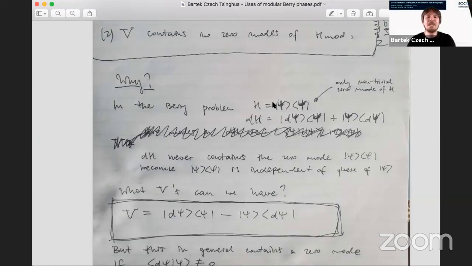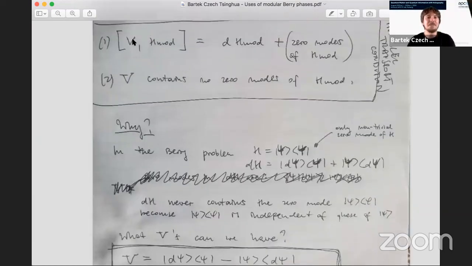But the thing that takes you from H to H plus dH, that solves this equation, may or may not be, I mean, it might just be a U(1). In the case of Berry, this is a U(1). So the fact that H and dH don't commute doesn't necessarily mean that the Berry phase itself will be valued in a non-abelian group. I see, right. However, a lot of the times it will be.